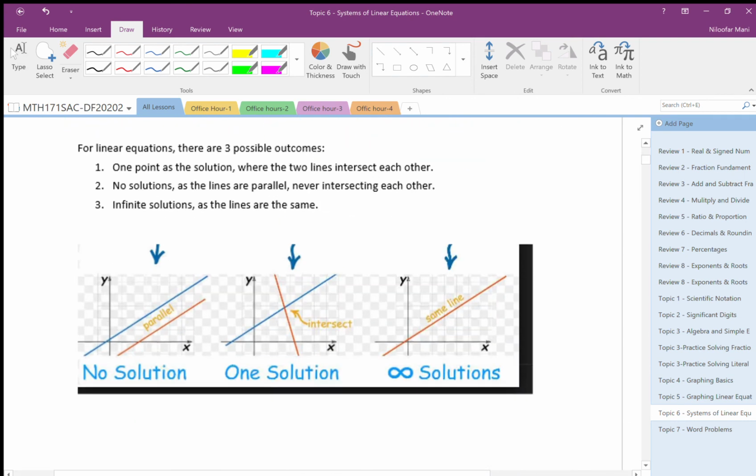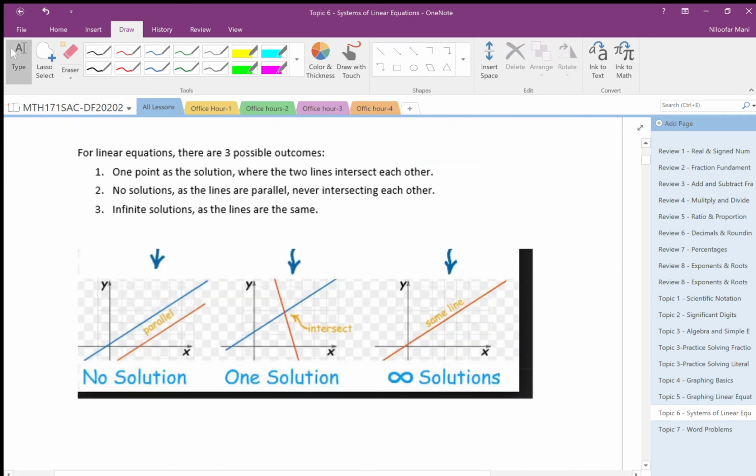Usually, based on my experience, it's hard for a student to visualize the solution graphically. So I like to talk about the graph at the beginning, and then continue to questions.